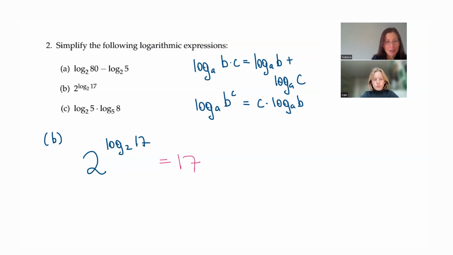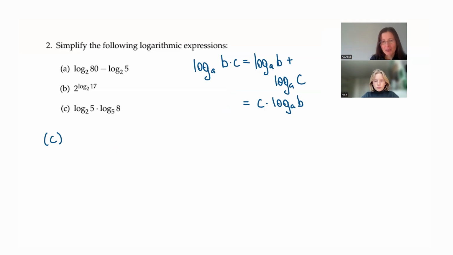Next one is part C. And here, the bases are not the same. And I already erased this formula. Do you remember what it was that we will need to use here? Because the bases are not the same and we cannot work with them as they are. When we swapped the base and the argument. Yeah, you'd need the reciprocal.